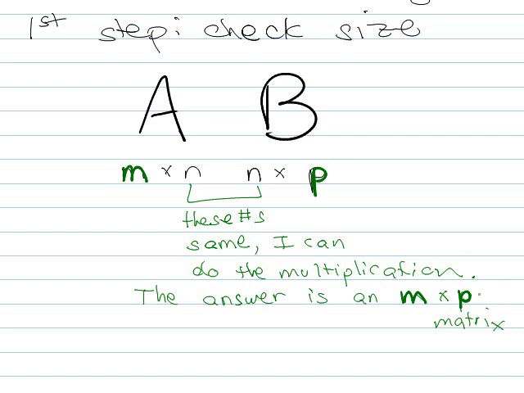So this is really weird. The number of columns of A has to equal the number of rows of B. I can never remember it when I say it, so I just have to remember, if I write the sizes next to each other, the numbers on the inside have to be the same. The size of the answer is the numbers on the outside.